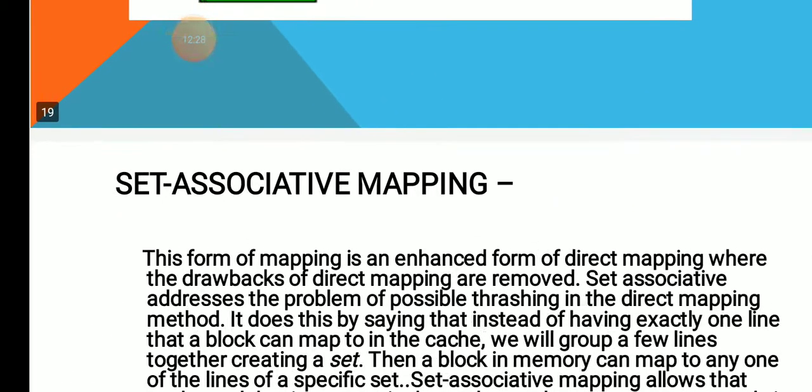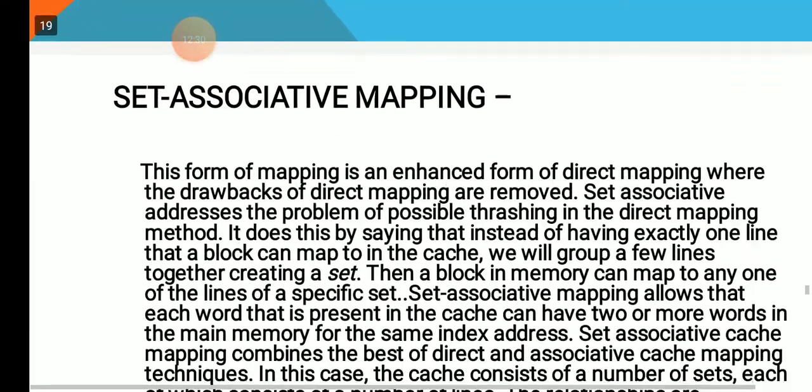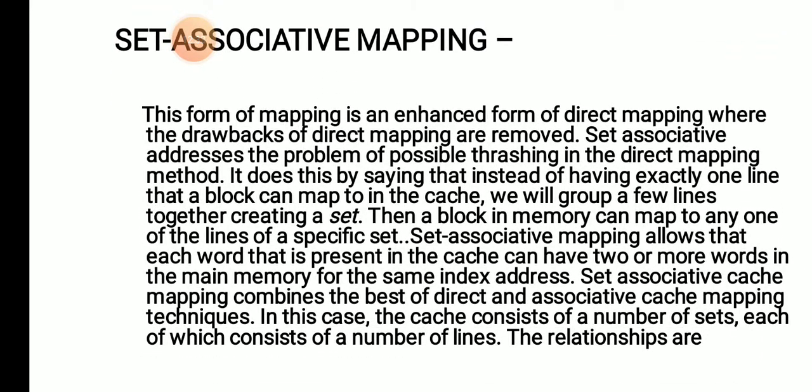The next one is set associative mapping. This form of mapping is an enhanced form of direct mapping, where the drawbacks of direct mapping are removed. Set associative mapping addresses the problem of possible thrashing in the direct mapping method.